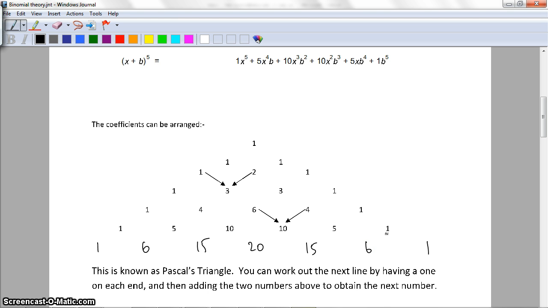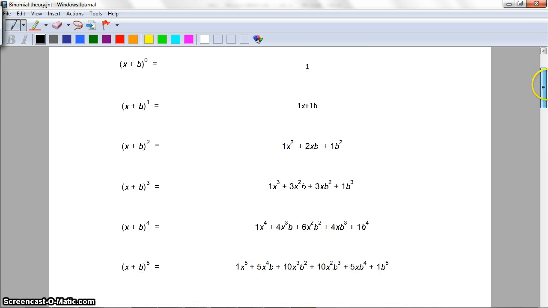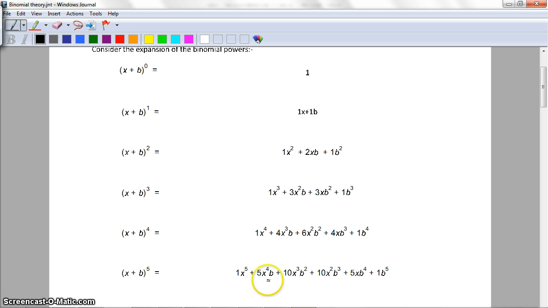Those will be the coefficients, the numbers in front of x and b in this case. This triangle here, you've probably seen this before. This is known as Pascal's triangle, and you can work out the next line if you know the previous line. So now when we're expanding these sorts of things, we can get these numbers out the front, the coefficients, very quickly.